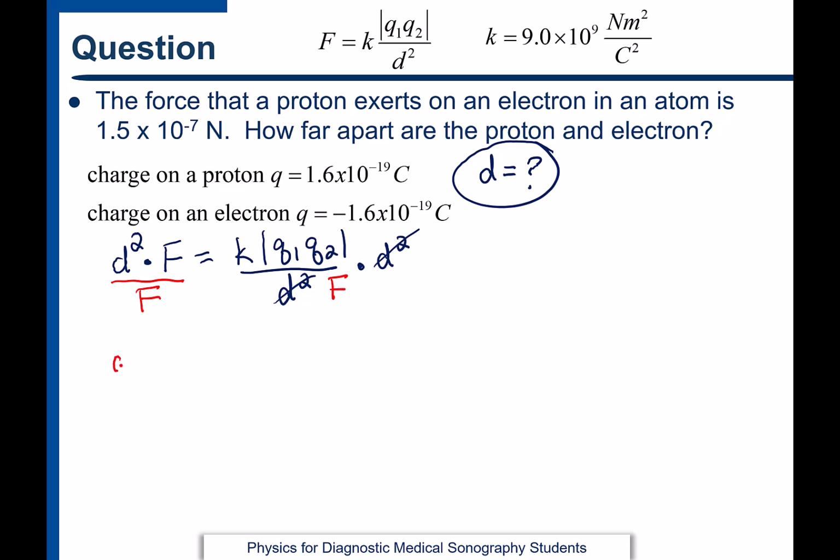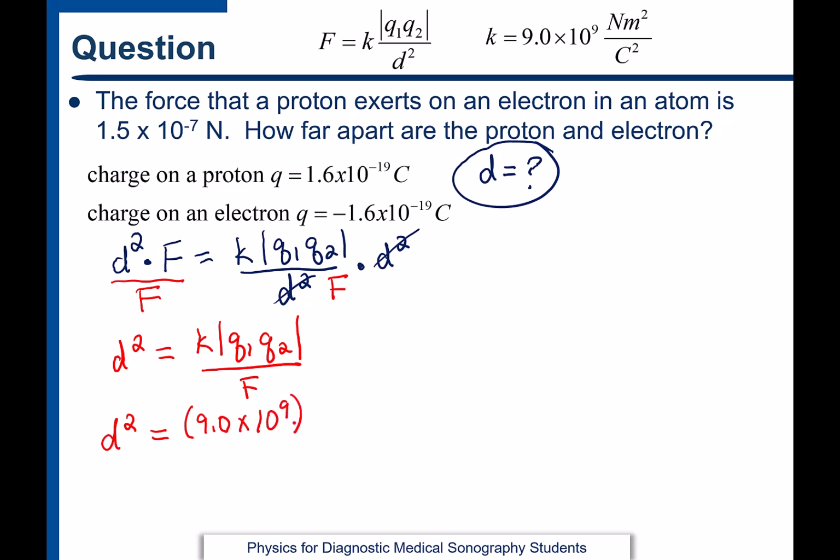And what I get is that d squared is equal to k q1 q2 over F. And so I could even go one step further and say that d is equal to the square root of all that. But let's go ahead and first just solve for d squared. So I get 9 times 10 to the 9th is my value for k.